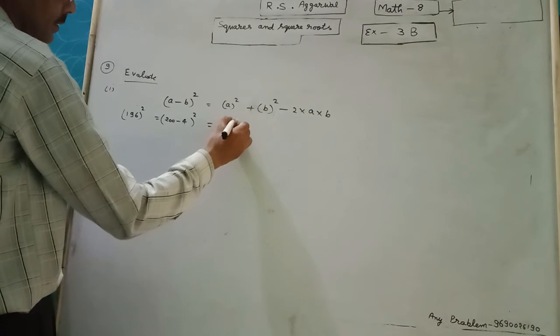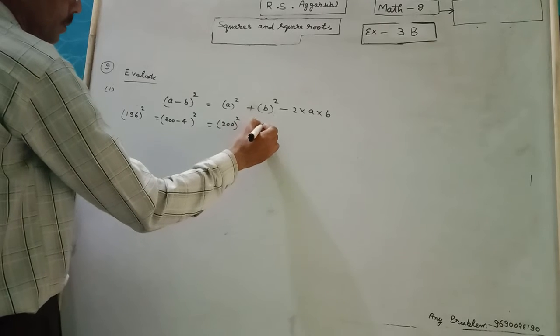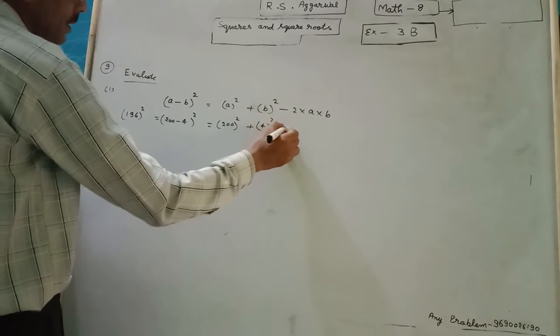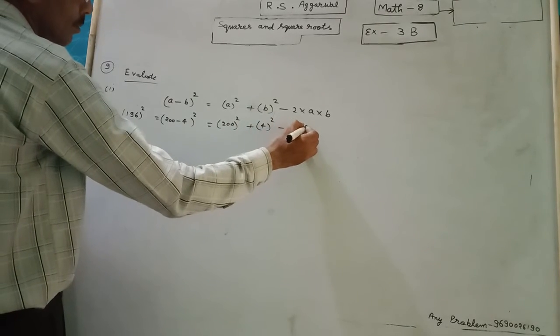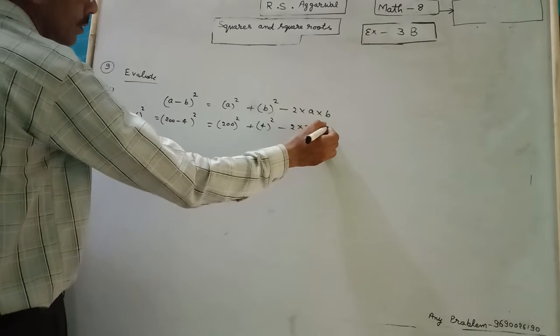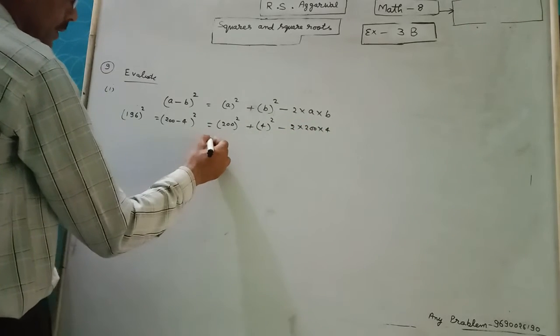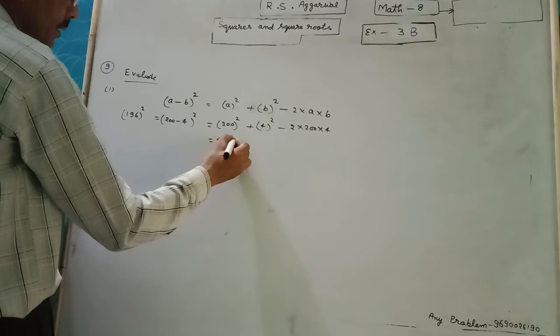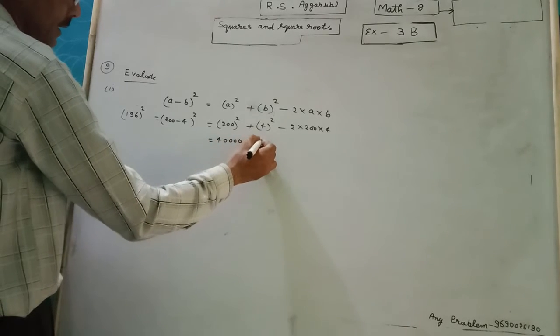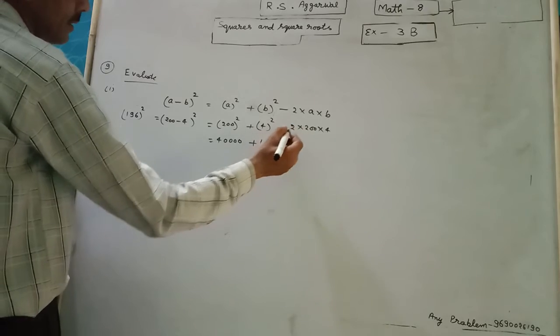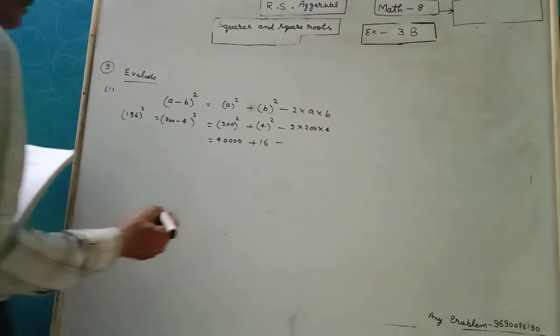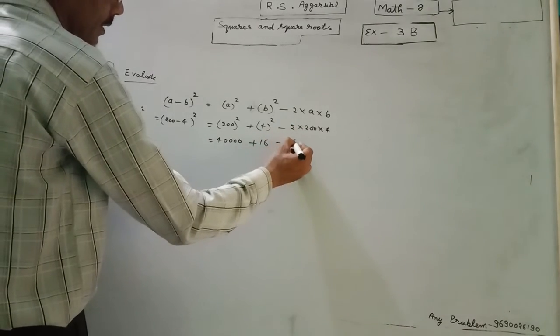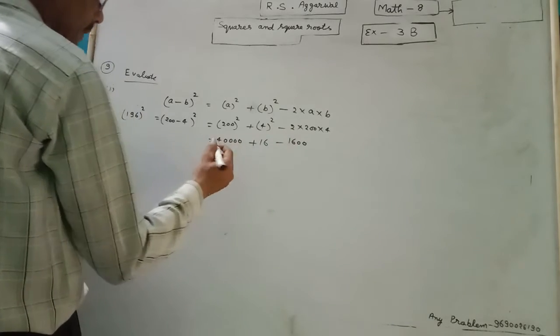200 square plus 4 square minus 2 into 200 into 4. After square, 2 square is 4 with zeros, plus 16, minus 4 fours are 16, 1600.